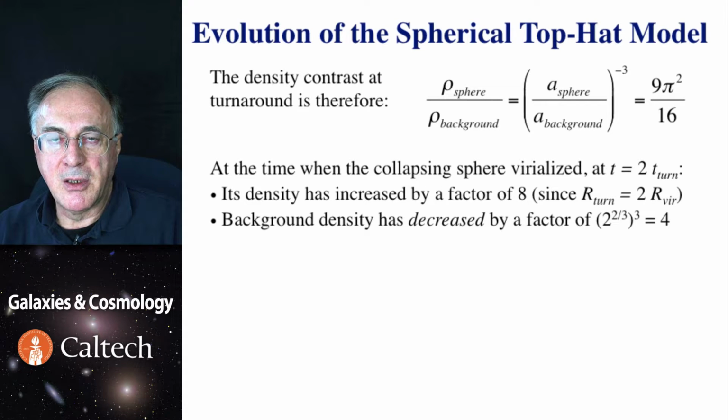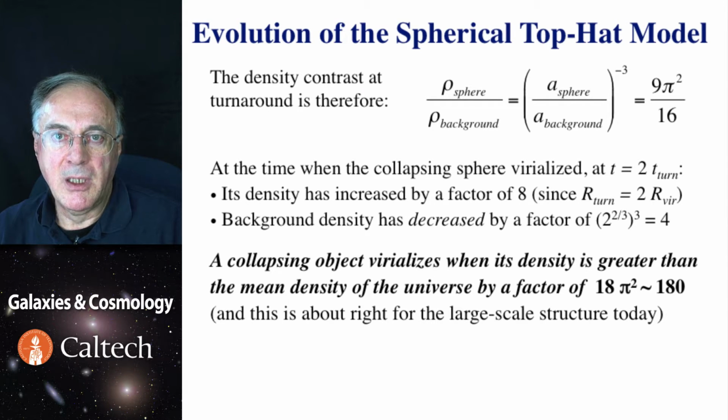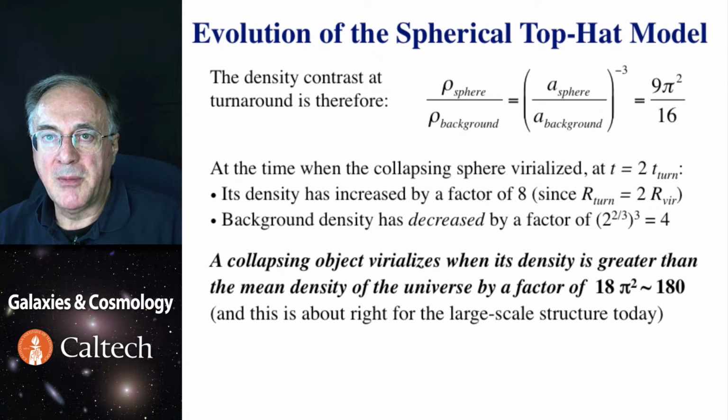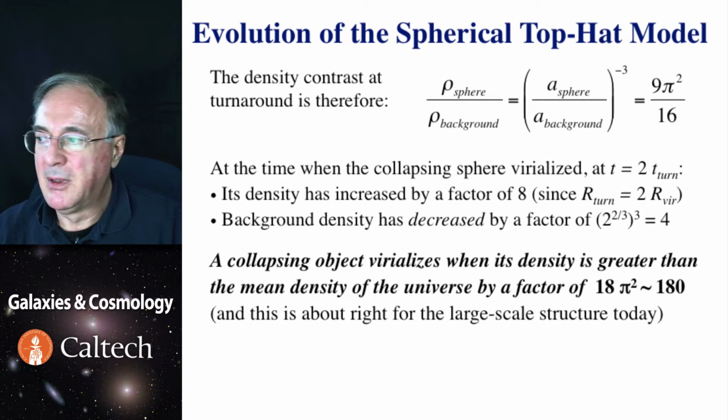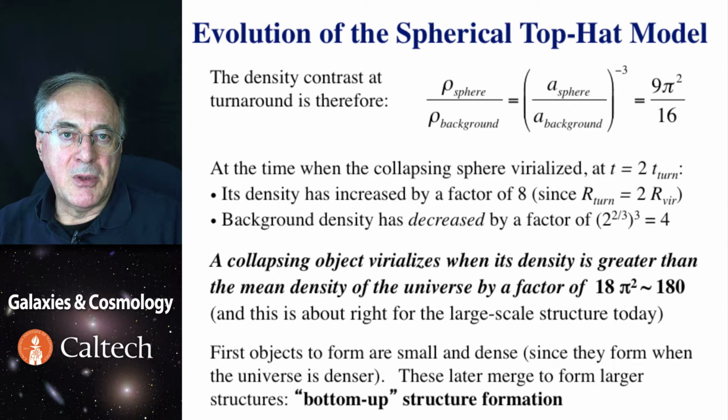So there is an additional gain of a factor of 32 in density contrast. Multiplying these two together, the final virialized state of structure in equilibrium will be 180 times denser than the surrounding background. Remarkably, that's exactly what we see in large-scale structure today. This is the treatment of a single idealized density fluctuation.